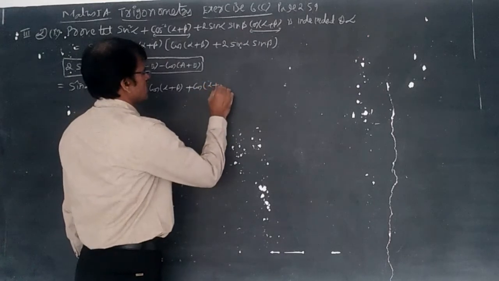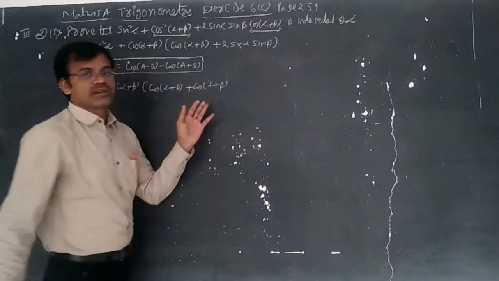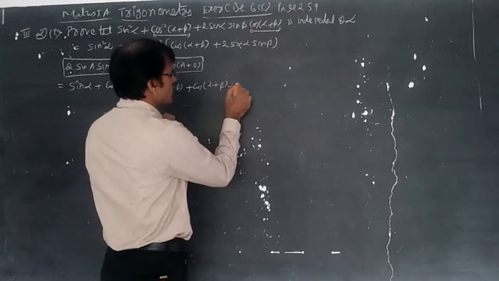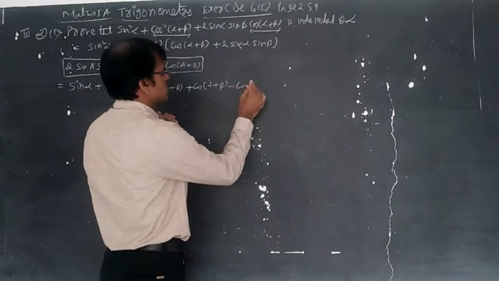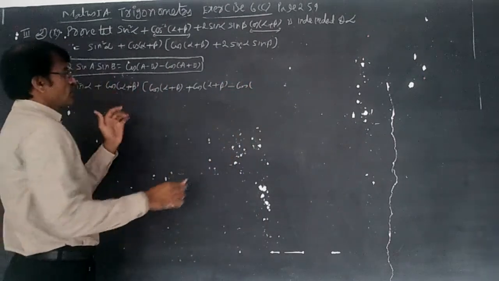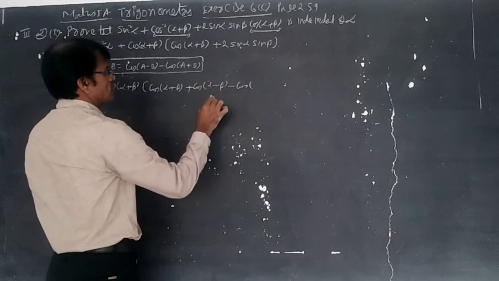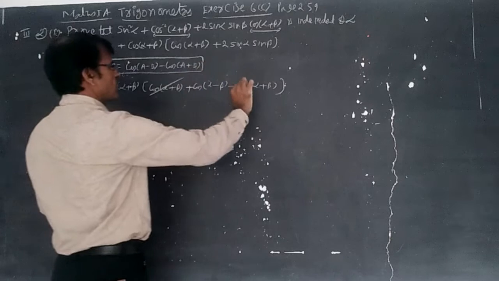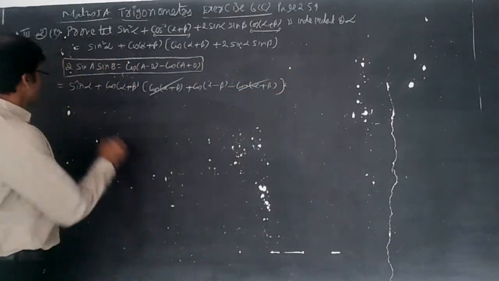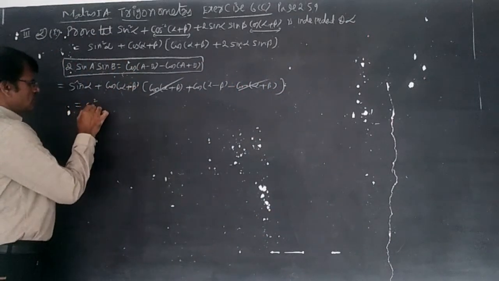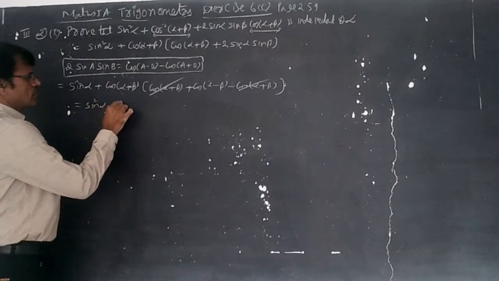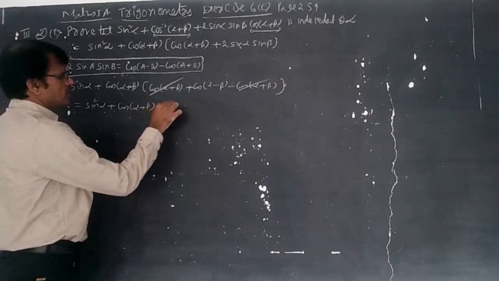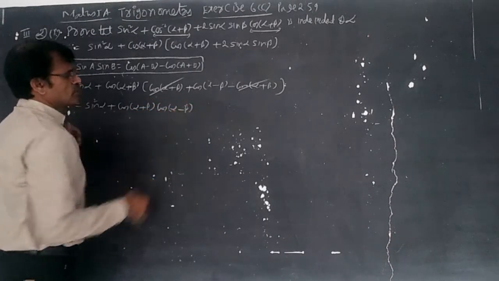So you can write here 2 sin alpha sin beta is equal to cos of alpha minus beta minus cos of alpha plus beta, into cos of alpha plus beta. So cos of alpha plus beta gets cancelled. That is equal to sin square alpha plus cos of alpha plus beta into cos of alpha minus beta, we got.